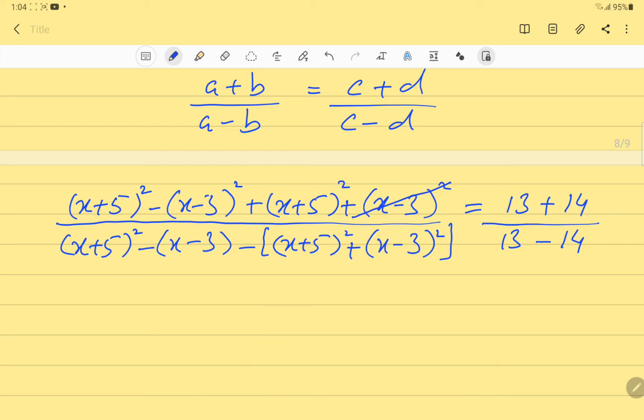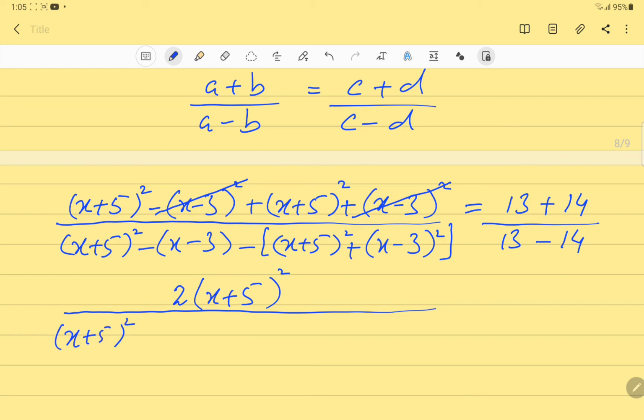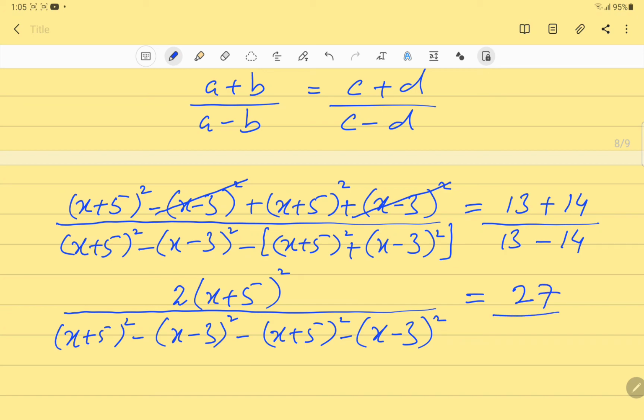Plus (x minus 3) raised to power 2 will cancel with minus (x minus 3) raised to power 2, and we are left with 2 into (x plus 5) squared over (x plus 5) squared minus (x minus 3) squared minus (x plus 5) squared minus (x minus 3) squared, which is equal to 27 over minus 1. (x plus 5) squared will cancel with the other (x plus 5) squared because both have opposite signs.